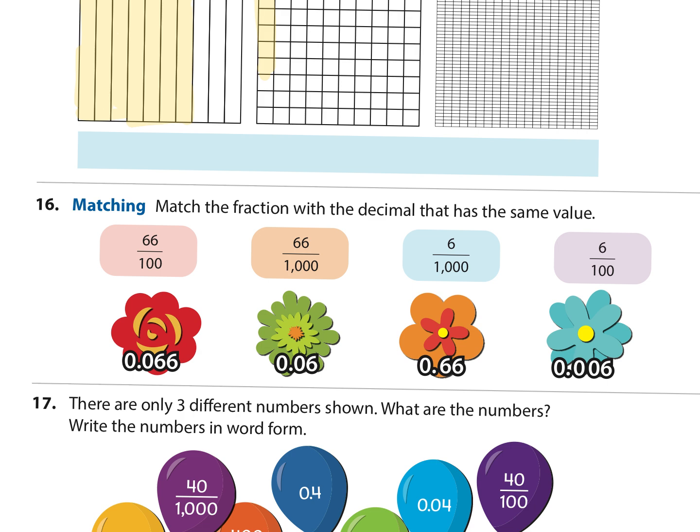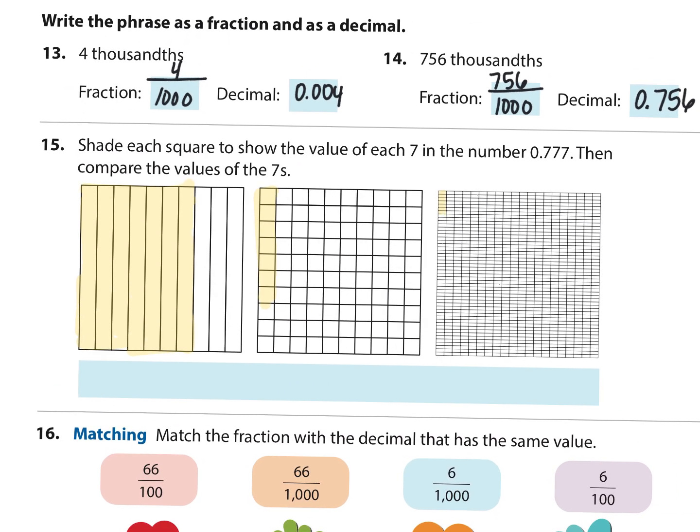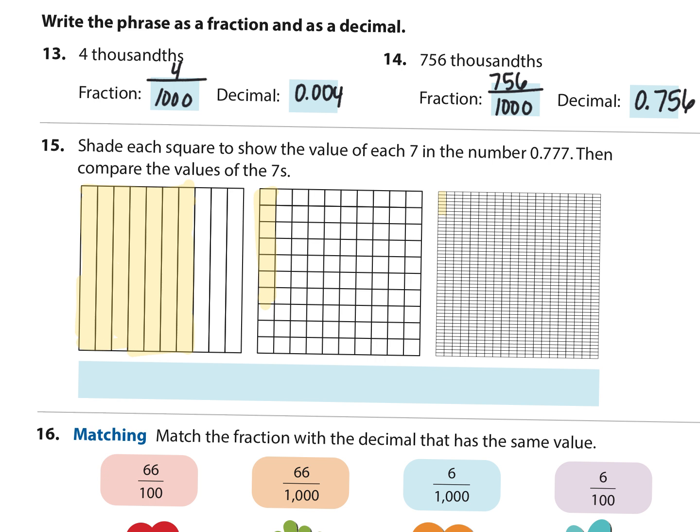Oh, there is. Whoops. I missed something. Oh, it says compare the values of the 7s. Okay, so what we're going to do to compare on number 15, I missed that blue box. Thank you. To compare the 7s in number 15, we got to go back up a little bit.